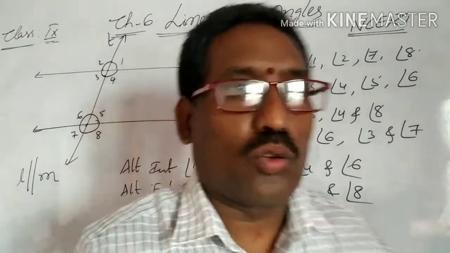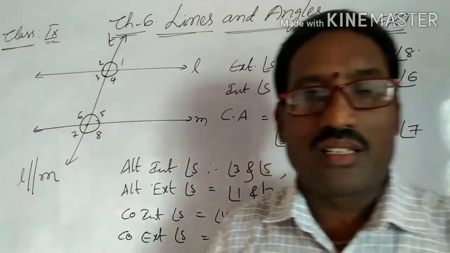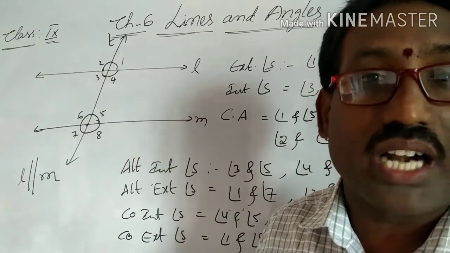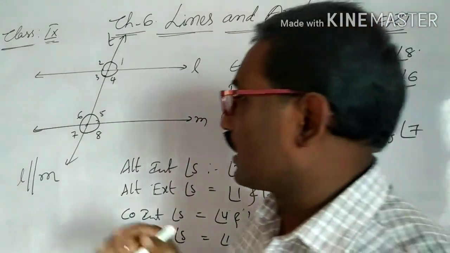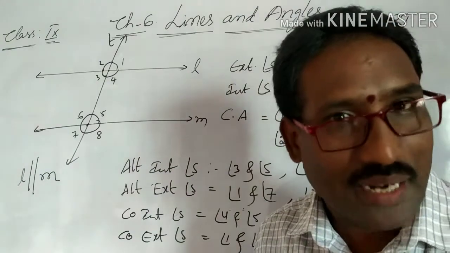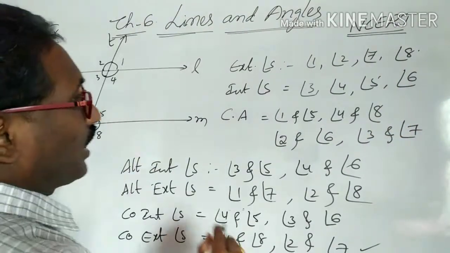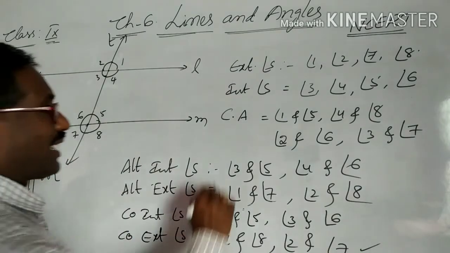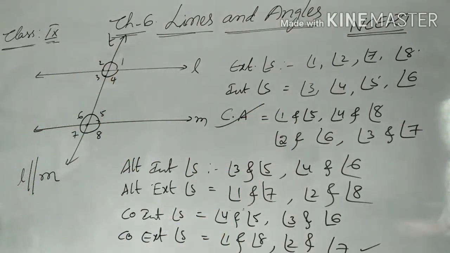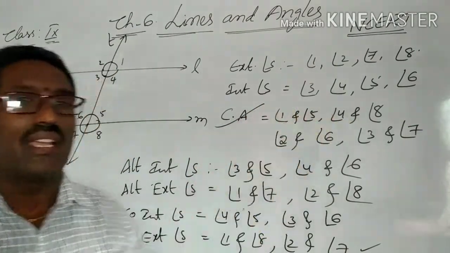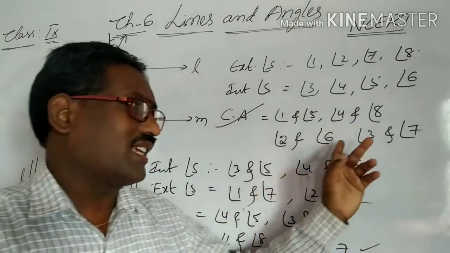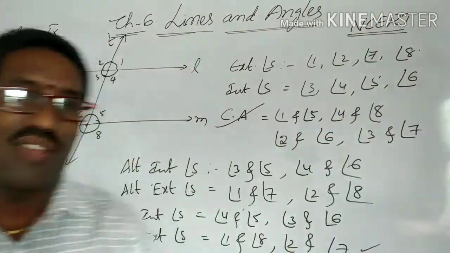If the two lines are parallel, then corresponding angles are equal. That means angle 1 is equal to angle 5, angle 4 is equal to angle 8, angle 2 is equal to angle 6, angle 3 is equal to angle 7.